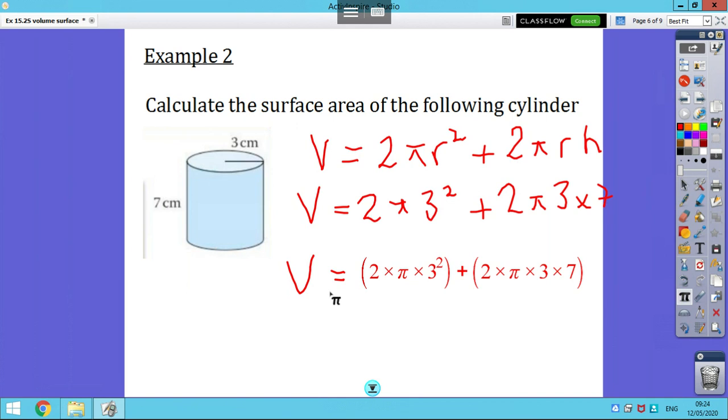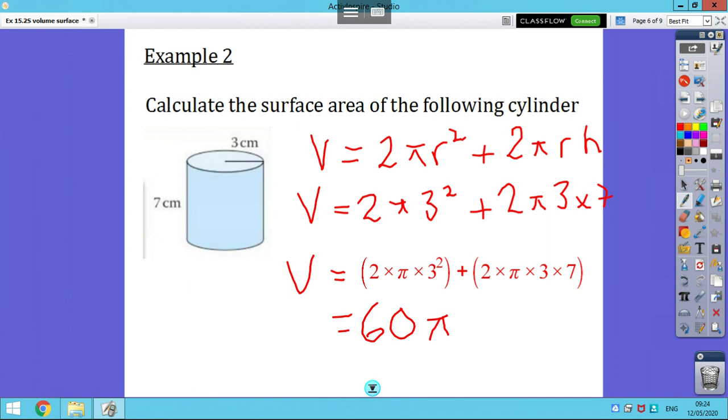And I'm going to press equals, and I get 60 pi, okay? Which, you know, we could have worked out absolutely fine without a calculator, because we've got 2 times pi times 3 squared, which is 18 pi, and 18 pi plus 42 pi would give us 60 pi.